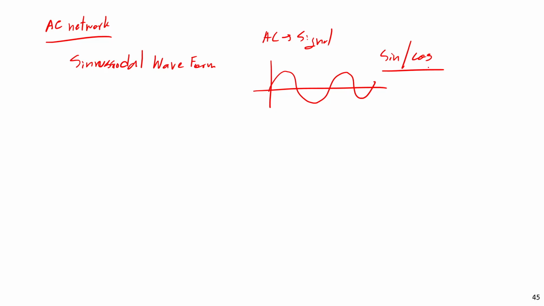In cosine, omega t plus some phase shift. And then the voltage is represented in the form V max cos(omega t plus theta v).